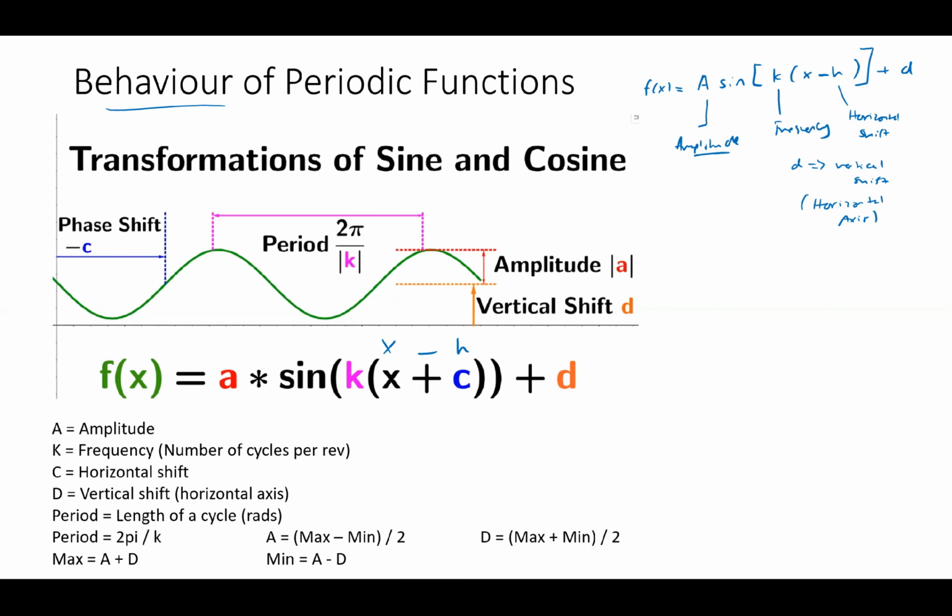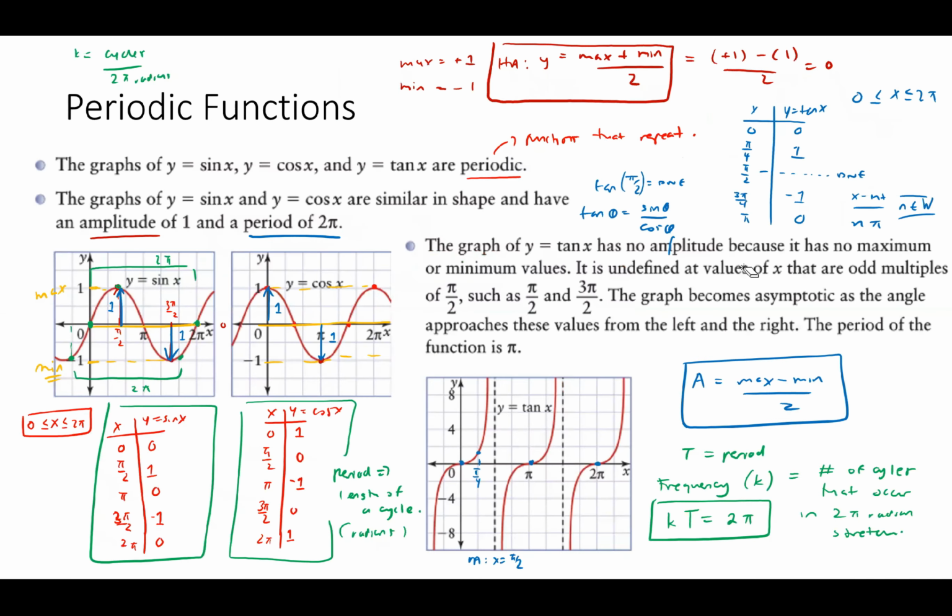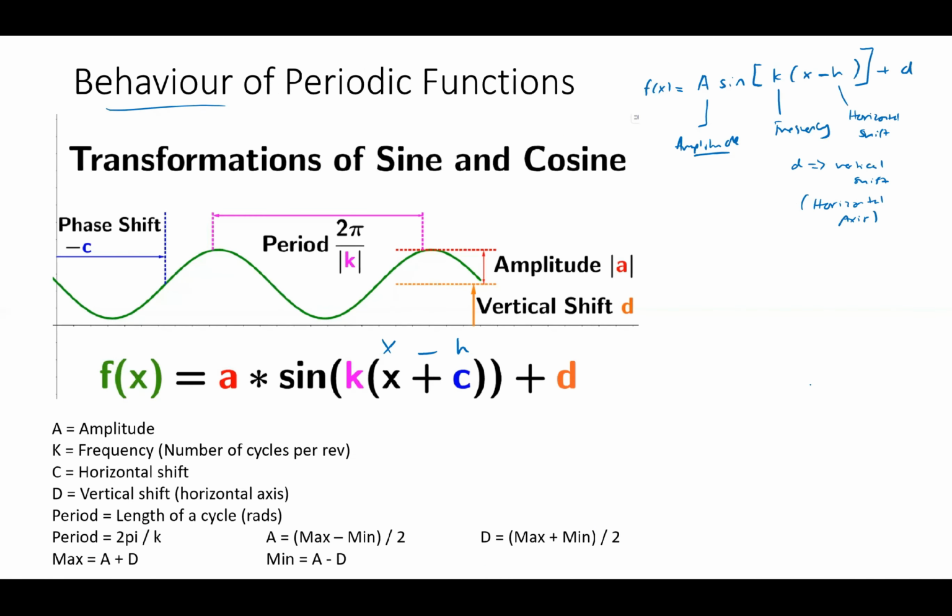I'm going to show you this via an example. Oh, sorry, guys. Let me just switch back. Okay, so I'll show you this via an example so you can appreciate this, but I'm sure you've done this previously in the prerequisite course. So let's say you had 3 sine of 2x minus pi, plus 4.